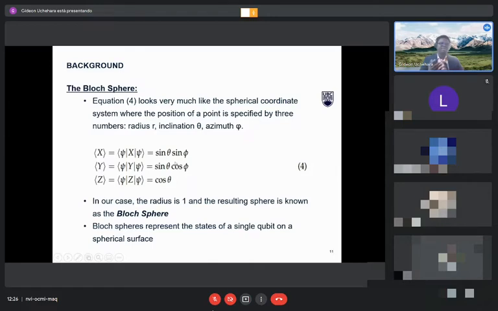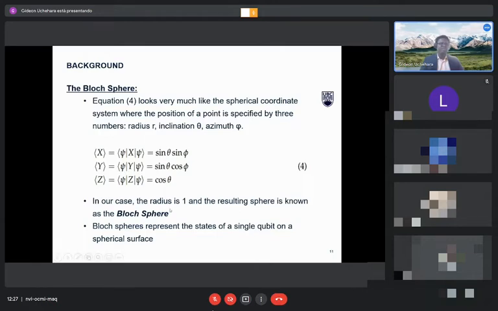There is a relationship between these coordinates and the result we get from computing this expectation value, such that the sphere that comes out of it is seen as a Bloch sphere with radius 1.